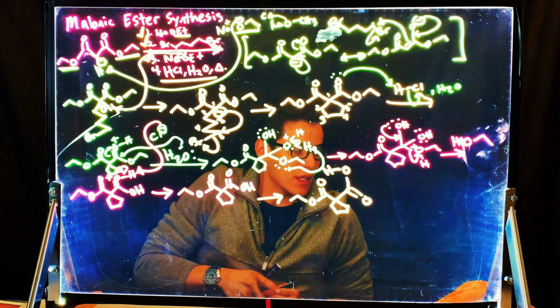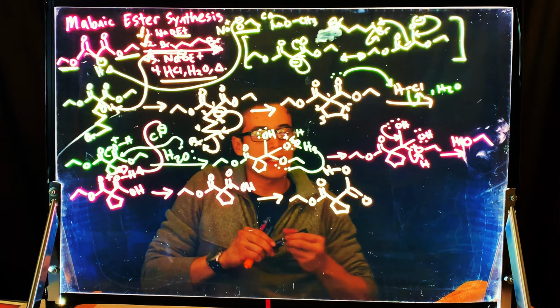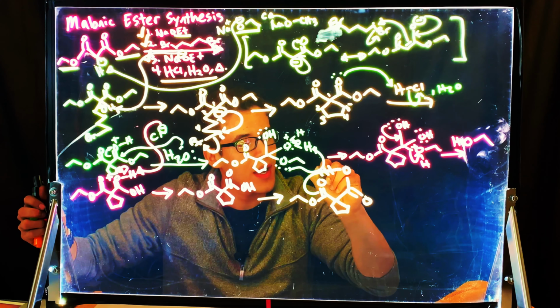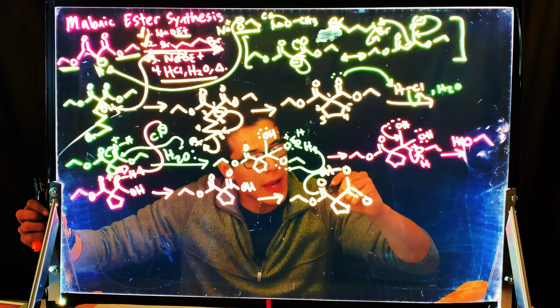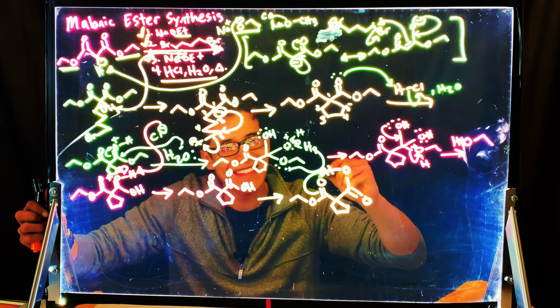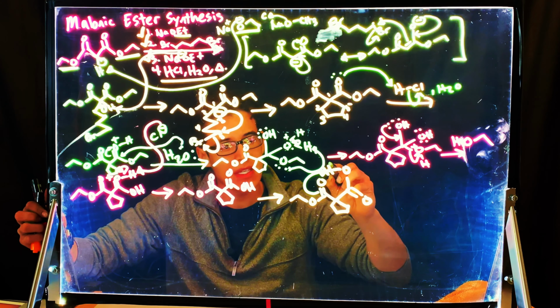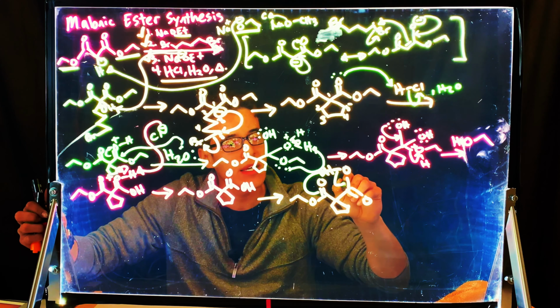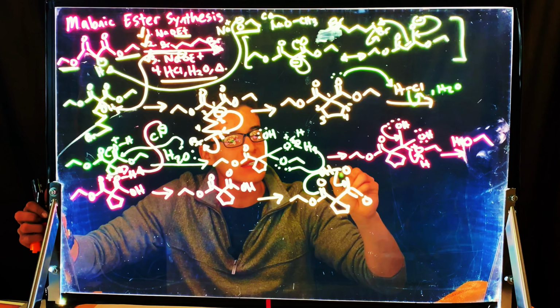Okay. Now what's going to happen is this pi bond is going to break, and it's going to go grab a hydrogen. This pi bond breaks, and this group right here is going to form a single bonded OH. Now when that happens, the bond between this O and this H is going to break, and it's going to go onto this line here.